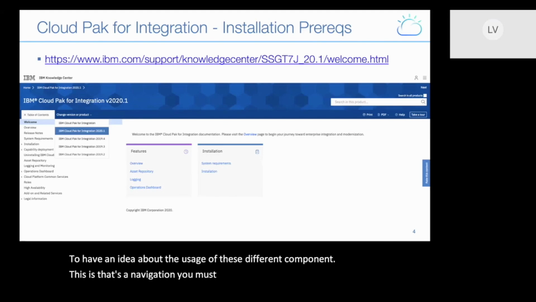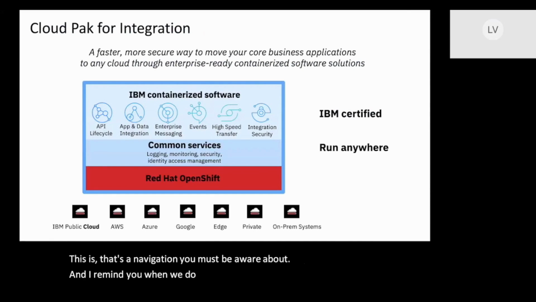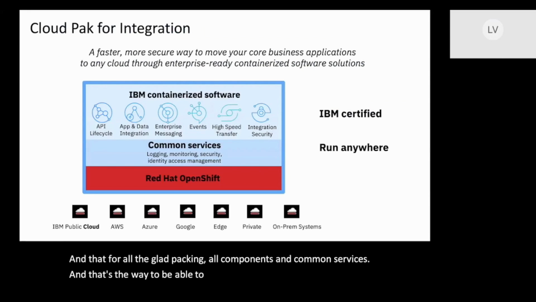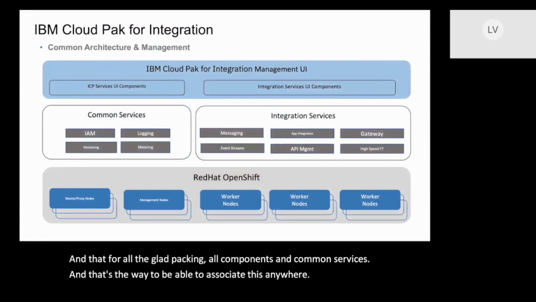And I remind you, when we do the installation, this is on top of Red Hat OpenShift. And that's for all the Cloud Paks and all components and common services. And that's a way to be able to instantiate this anywhere. Quickly, that's a very high-level overview of the architecture.